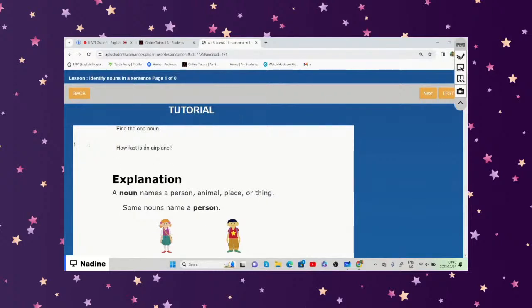So how fast is an airplane? We need to name one noun. Which one is a noun within the sentence?